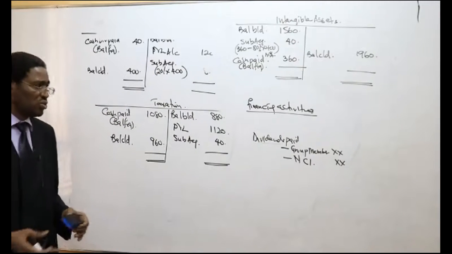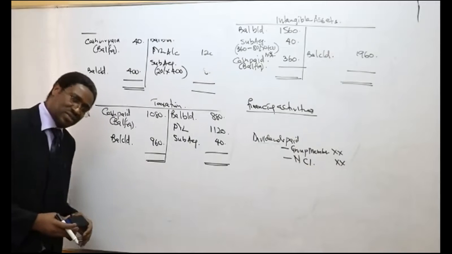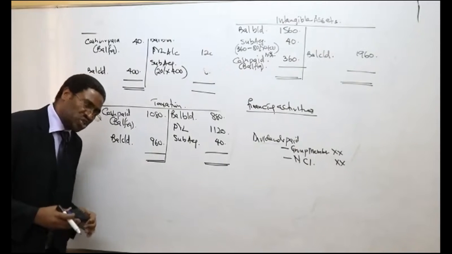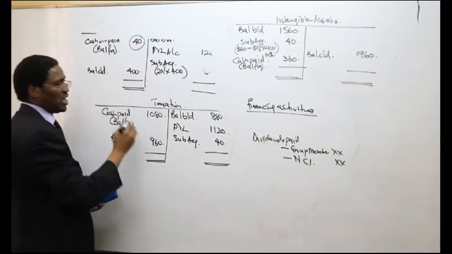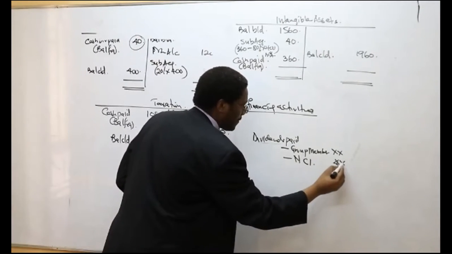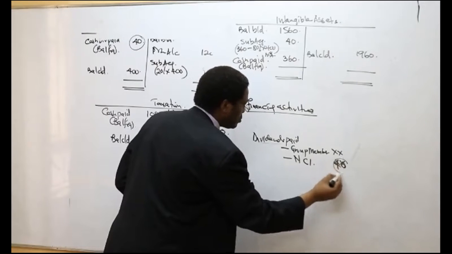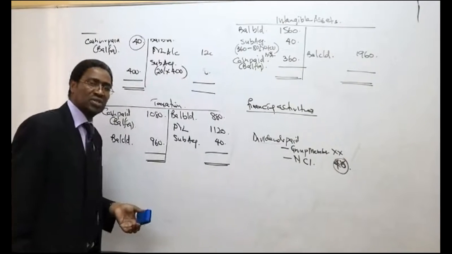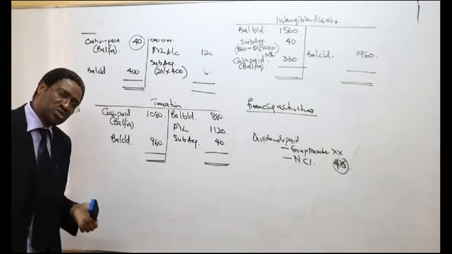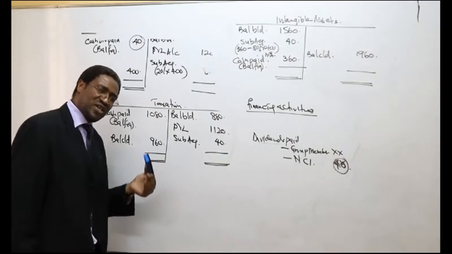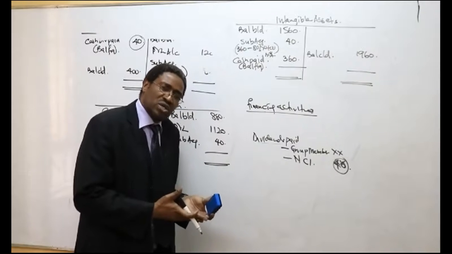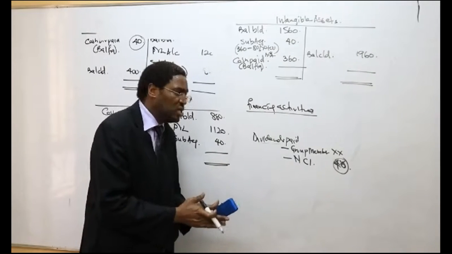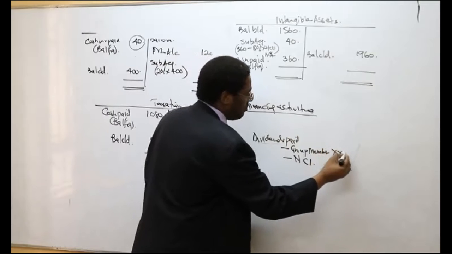From this question, we have calculated the dividends paid to the non-controlling interest. I remember it was here, and we got that one as 40. That one we know. But according to this question, the examiner has not given you how much was the dividend paid to the other group members.